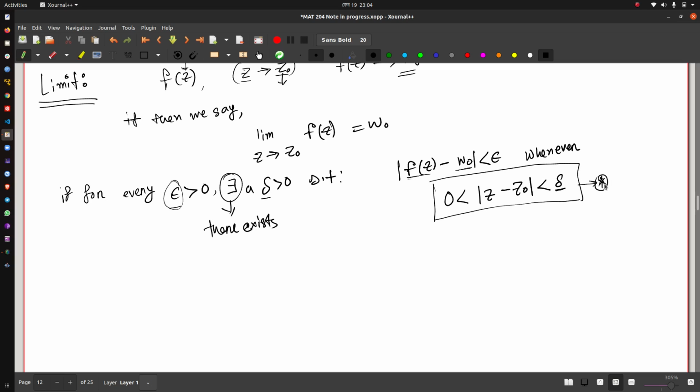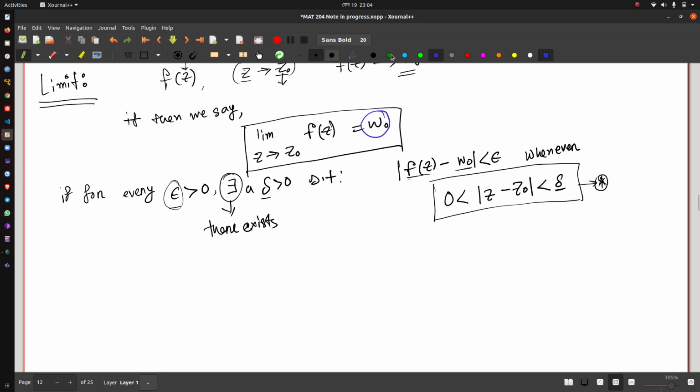Let's mark it with a star. So this very existence of limit, or you can say that this w naught will be the limit of f of z when z goes to z naught, if and only if this condition below is satisfied. And this is the rigorous definition of a limit.